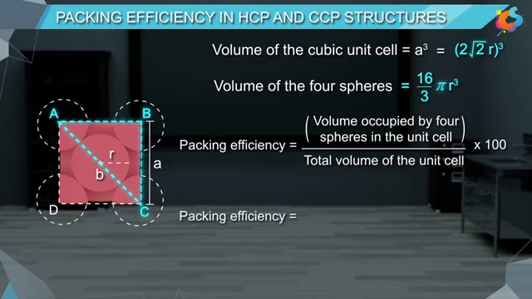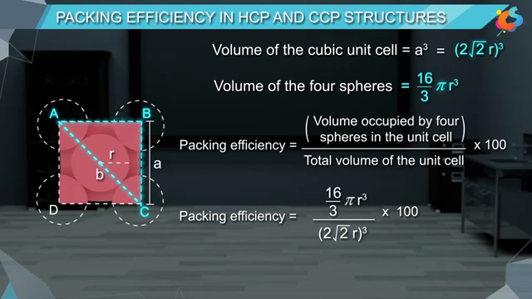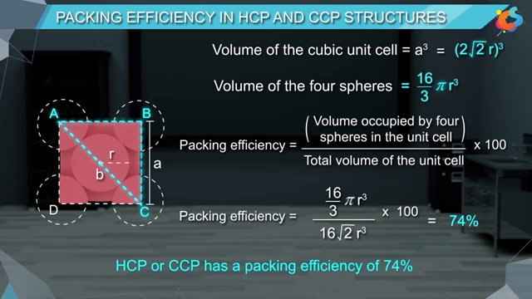Packing efficiency is equal to (16/3 πr³) times 100 by (2√2 r)³ percentage. Packing efficiency is equal to (16/3 πr³) times 100 by 16√2 r³, which is equal to 74%. HCP or CCP has a packing efficiency of 74%.